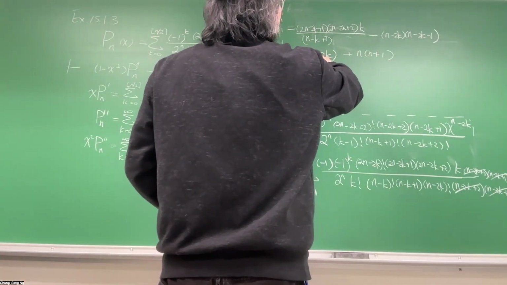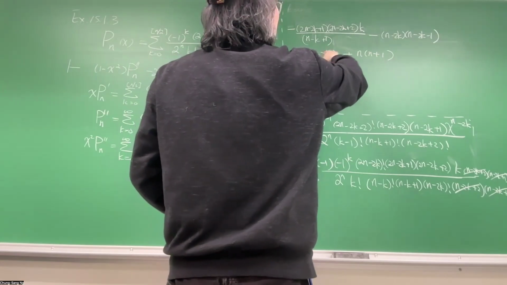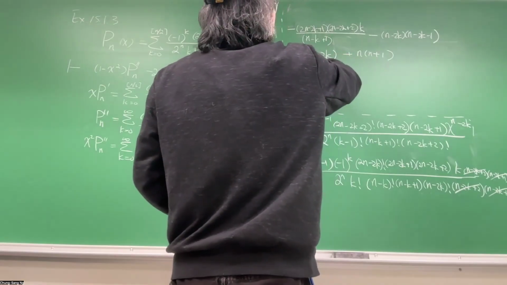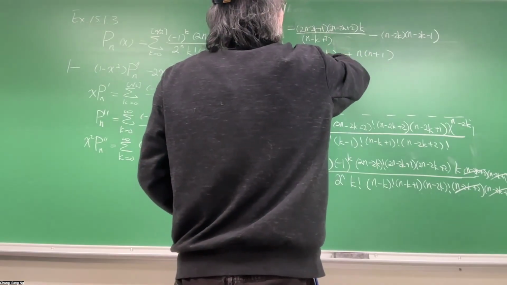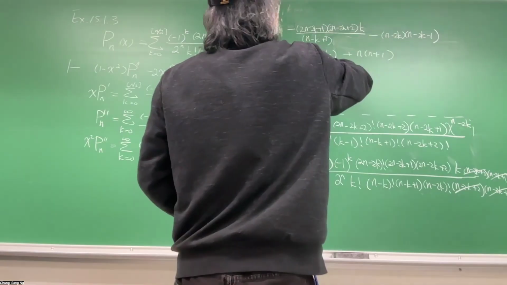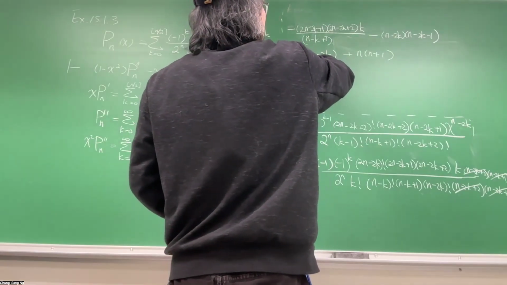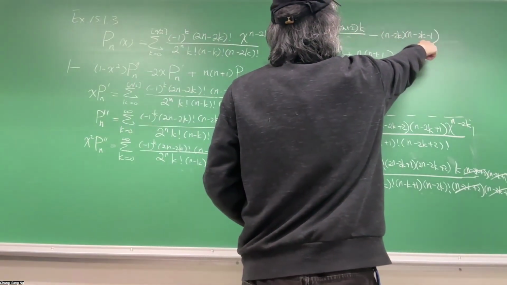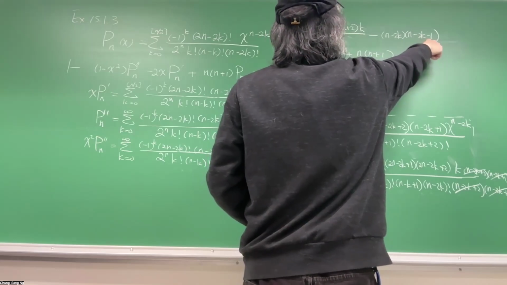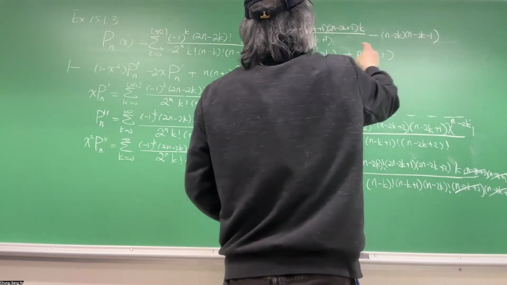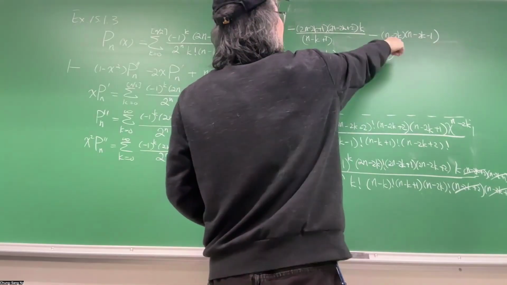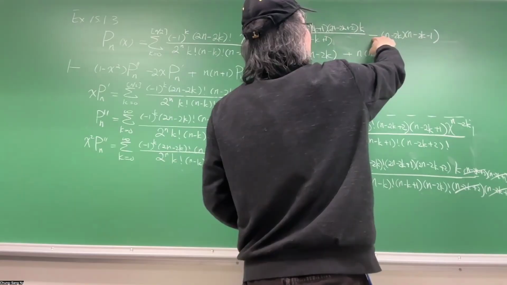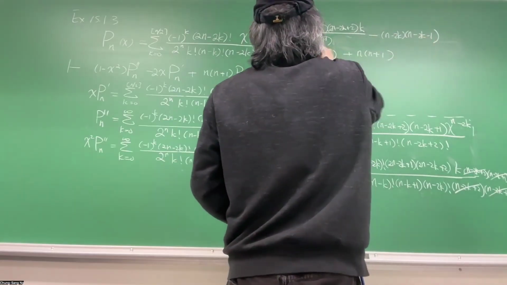So first of all, this one and this one have a common thing, n minus 2k. Factor the minus 2; you can put the minus 2 inside, and the minus sign becomes plus 2.